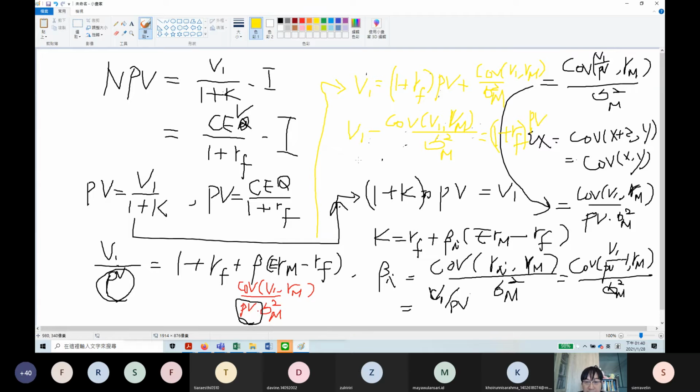So clearly PV we get from the equality: PV equals V1 minus the covariance of V1 and Rm, divided by 1 plus Rf.